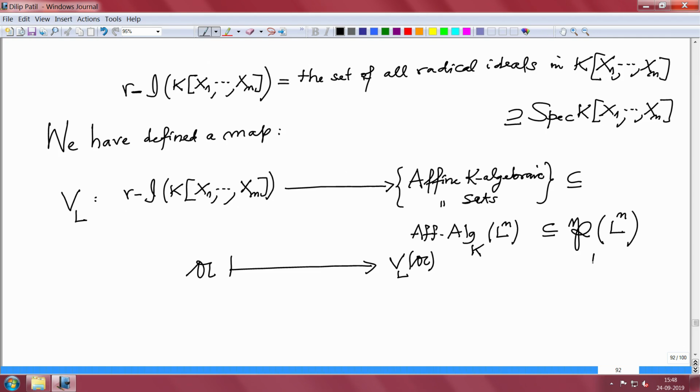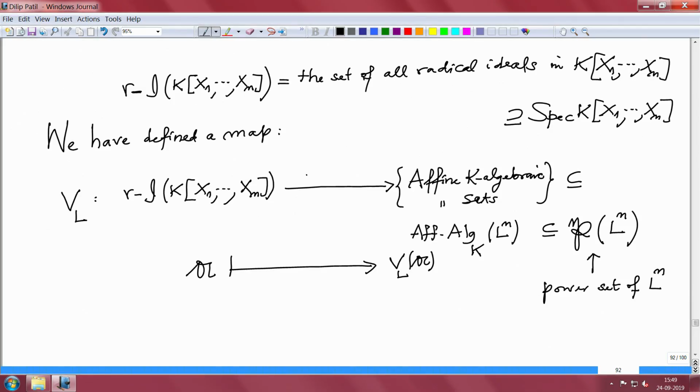So this is by definition the power set of L^n. It is a huge set. First of all, I want to study this map more intimately, because if you notice, this side is commutative algebra, studying radical ideals, maximal ideals, prime ideals, and this side are the geometric objects where I can draw pictures.